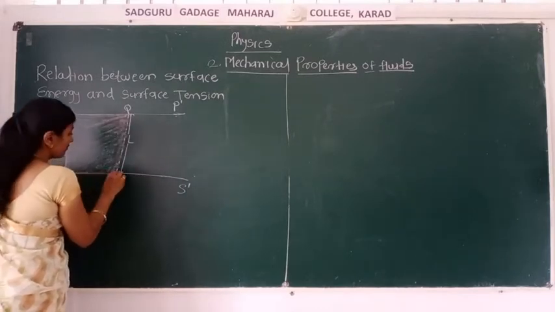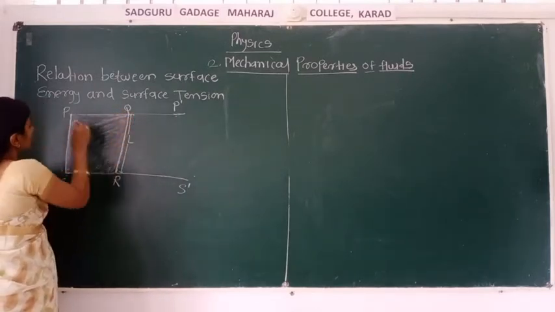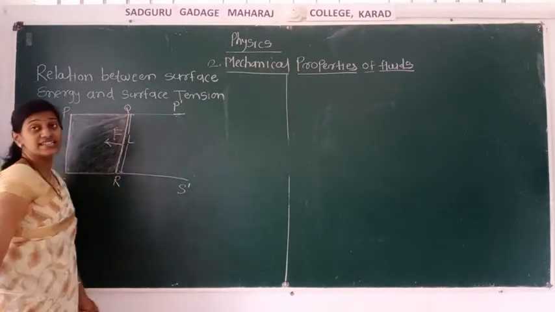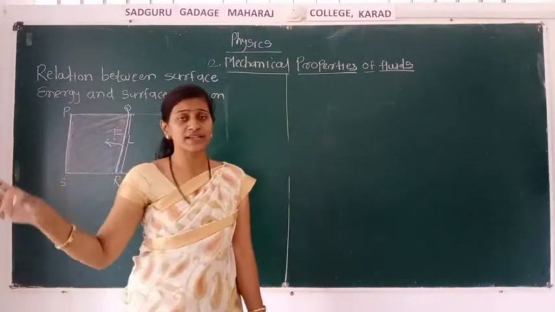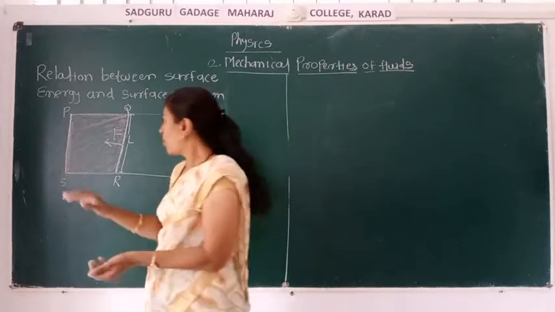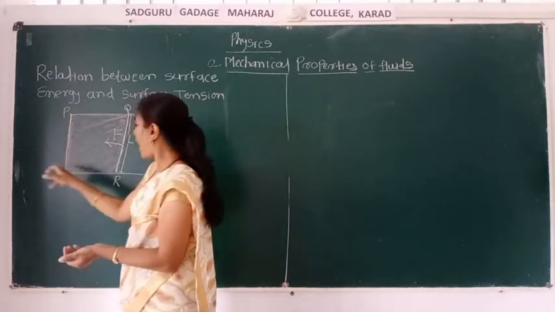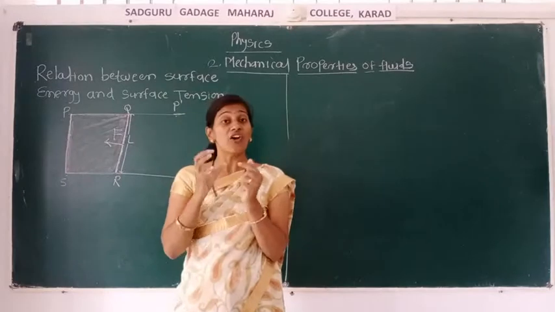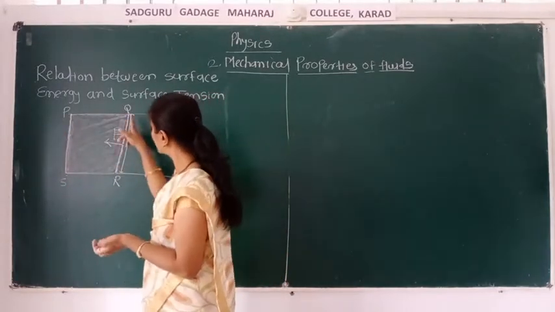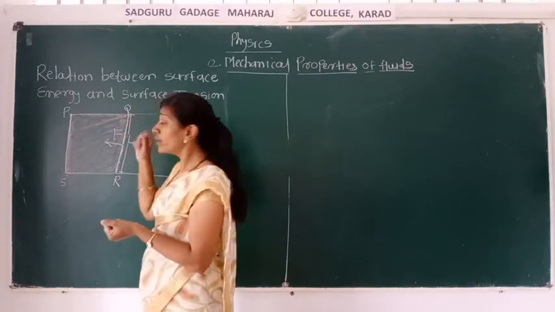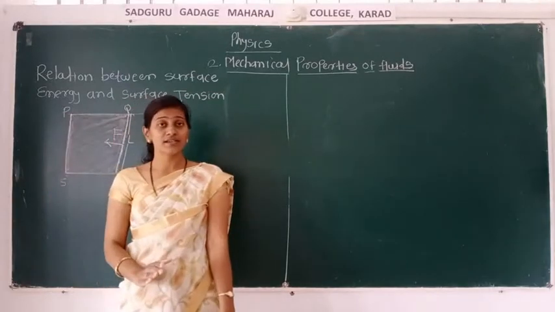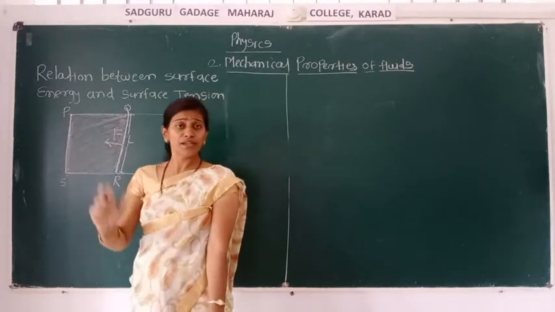Due to that film, each side of the frame experiences a force. The force is given by F, and it is an inward force. Due to that force, the movable arm QR will try to move toward PS.